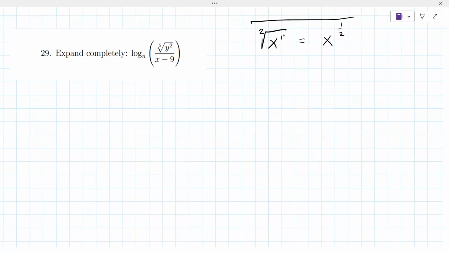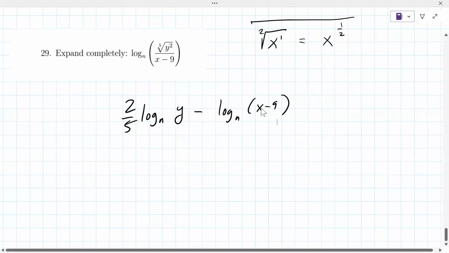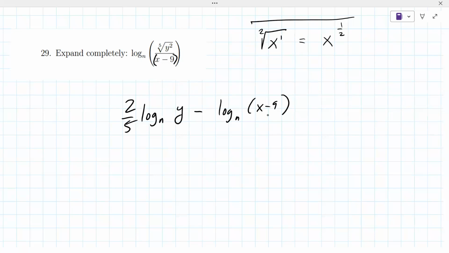Then minus log base x of x minus 9. These don't split apart because if you have a sum or difference inside the top or bottom, it doesn't split apart. Oh, the x minus 9 is in parentheses. Oh, there's the second set of parentheses.